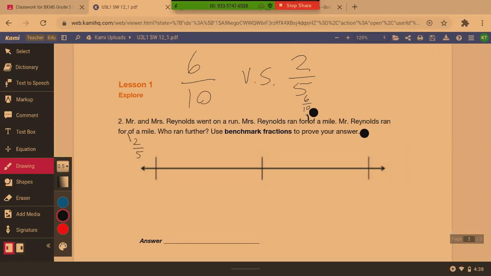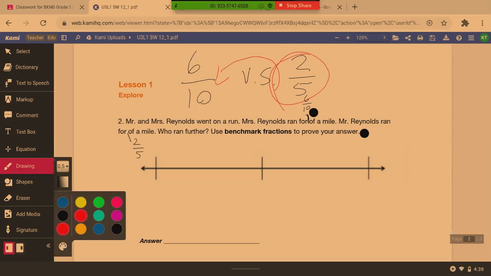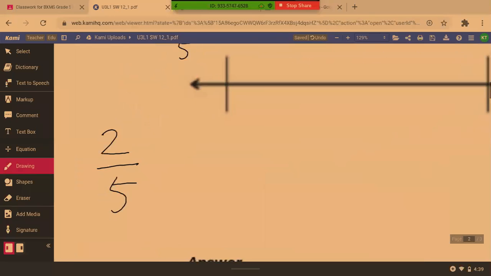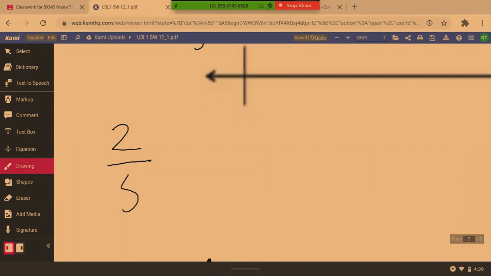What would be easiest? It would be easiest to get 2/5 on the 10th denominator. So let's manipulate 2/5 so that we can compare it with 6/10. So 2/5, what number can we multiply 5 by to make it 10?